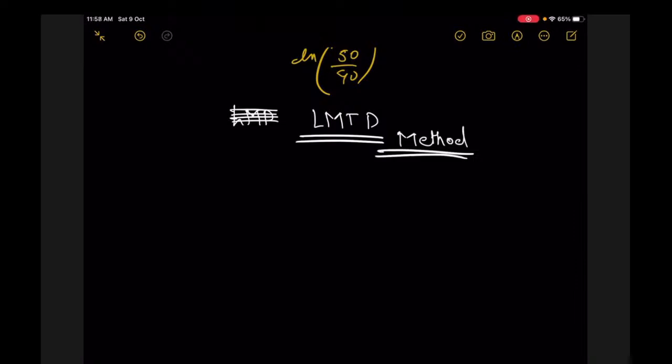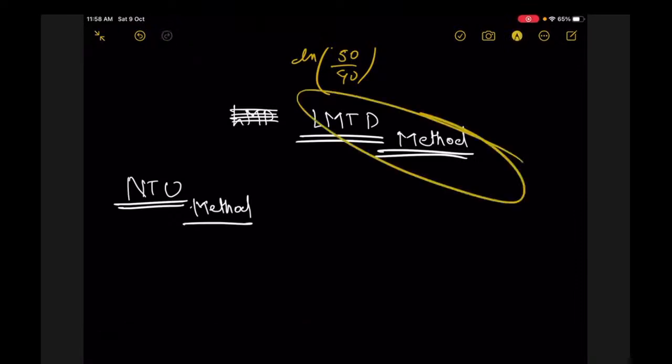Now we have to introduce a new method, that is the NTU method. In the LMTD method, we use it mostly for design purposes, when you have to design a heat exchanger.